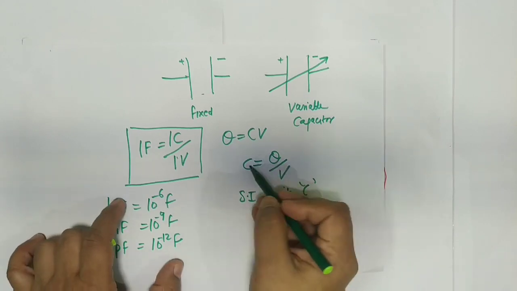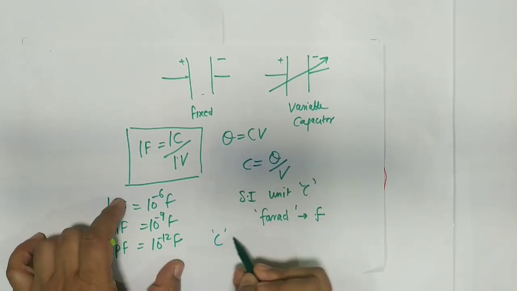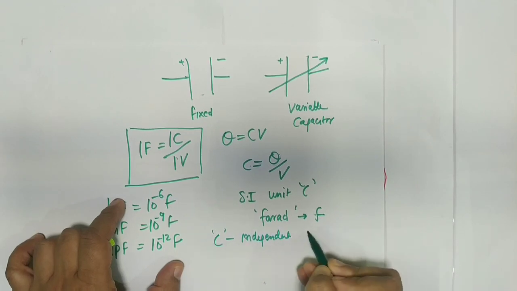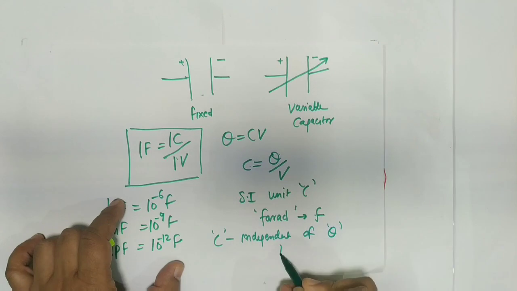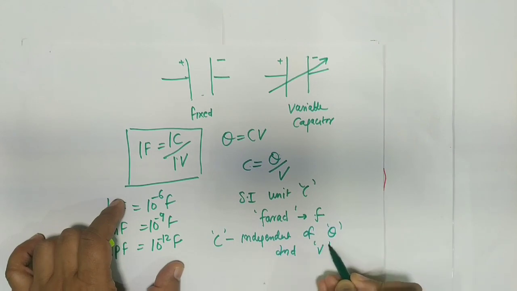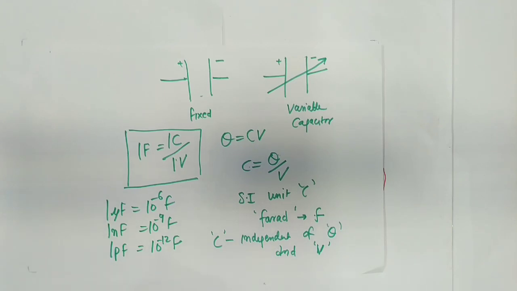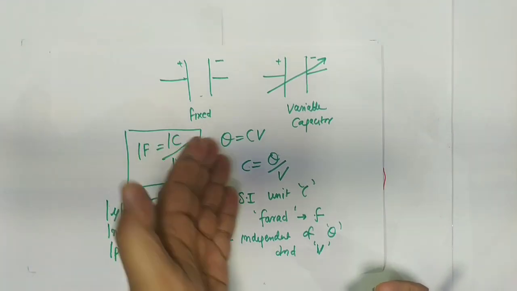Very interesting, C is a ratio, so C is independent of Q and V. C depends on physical factors because it is a ratio. So this is how we start with the capacitor. You know that in Ohm's law it was V equal to IR, remember? And in the capacitor it is Q equal to CV.